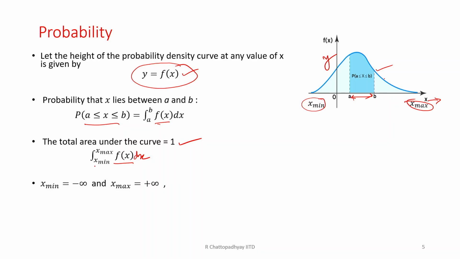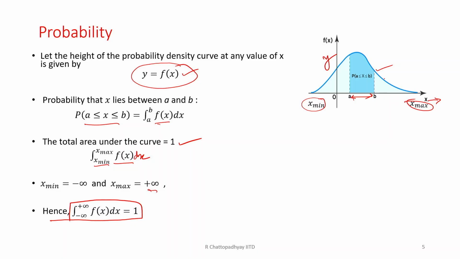If the lower limit is minus infinity and the upper limit is plus infinity, then the entire area from minus infinity to plus infinity is always 1. So for any probability curve, the total area has to be always 1.